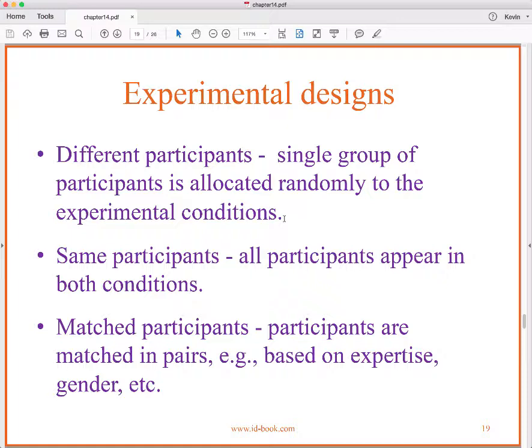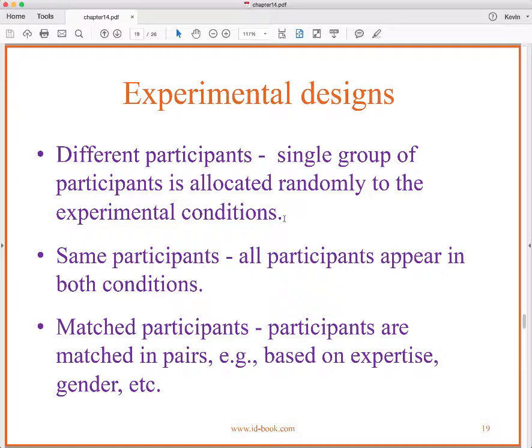The other thing we want to make sure is if we have our participants doing more than one activity, we want to make sure that the order of the activities is not determining the outcome. So here, in terms of the experimental designs, we talk about three on the participant side: different participants, same participants, and matched participants.